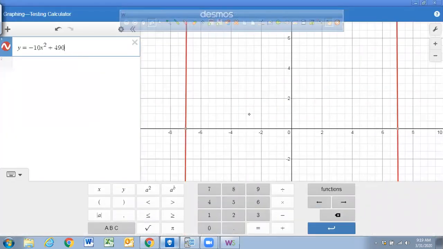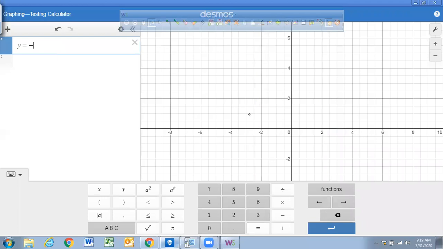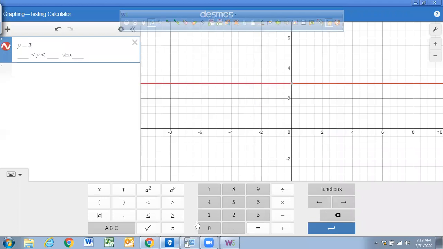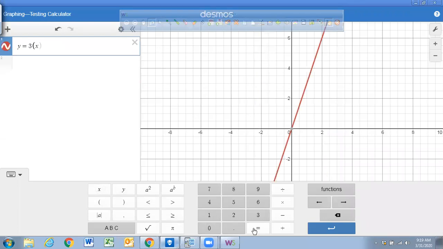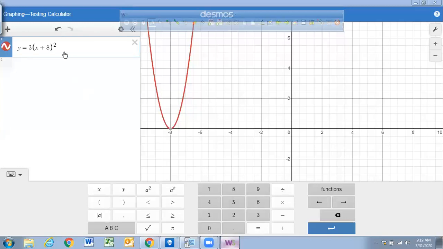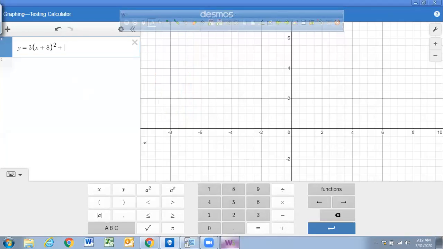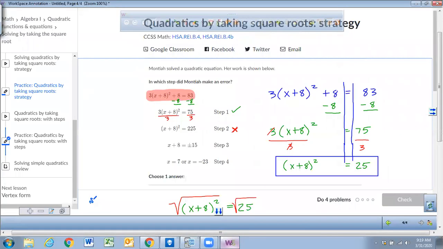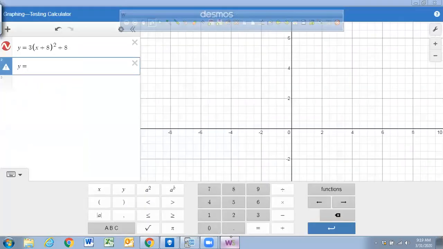So right here, I'm going to go y equals 3, open up the parentheses, x plus 8 plus 6, squared, and also plus 8. And then I'm going to put y equals 83.